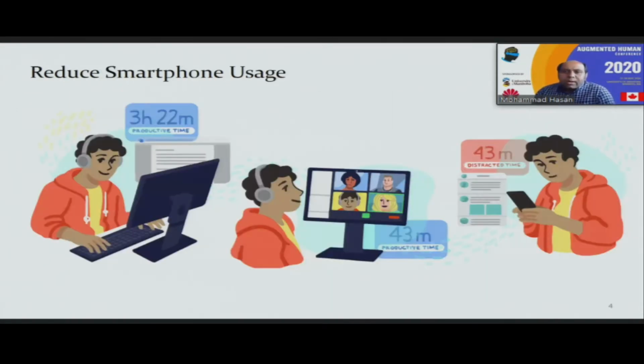Now, there have been attempts both from industry and academia to develop products that help people reduce their smartphone usage. For example, there are different apps available in the market that allow people to track their smartphone activities and motivate them to reduce their smartphone use. As you can see on this screen, it's giving information about their smartphone usage.